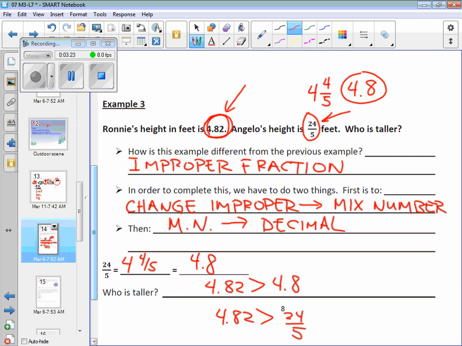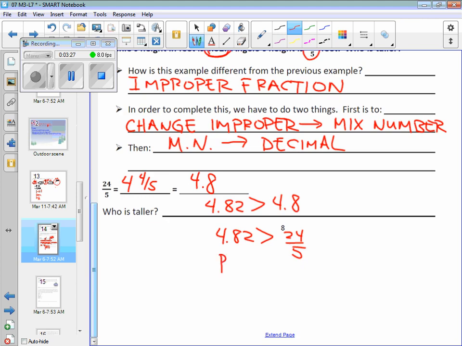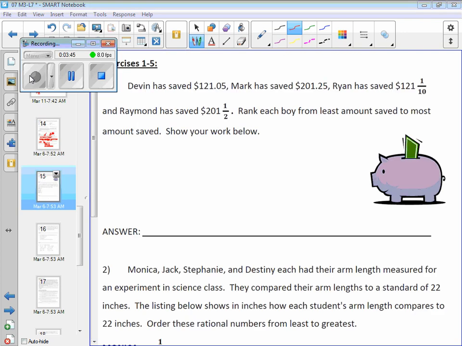Now, who's who? Ronnie was 4.82. And what's the other dude's name? Who? Angelo. In case they ask for names, there it is. Okay? I'll just give you the names in the correct order and then tell me if you have any questions.